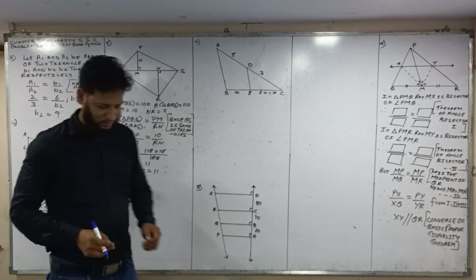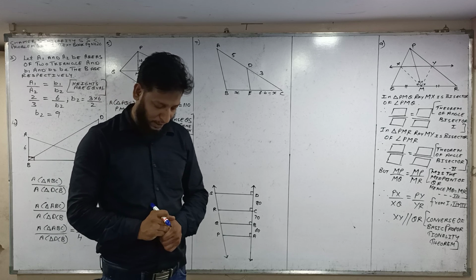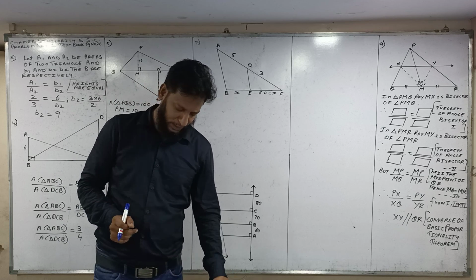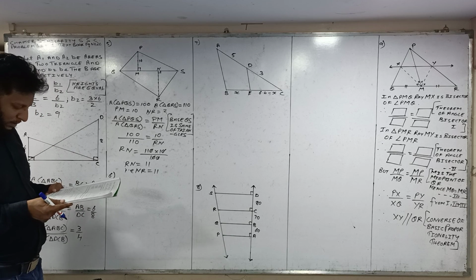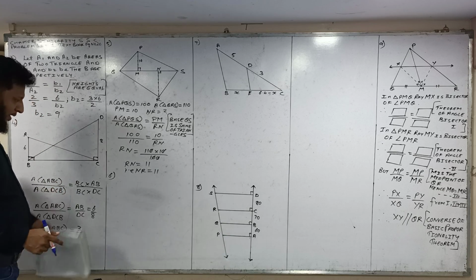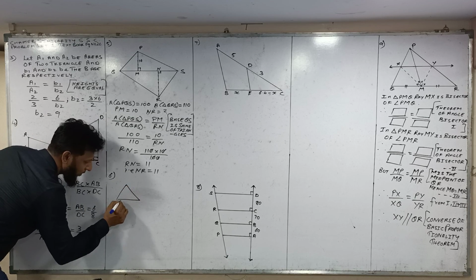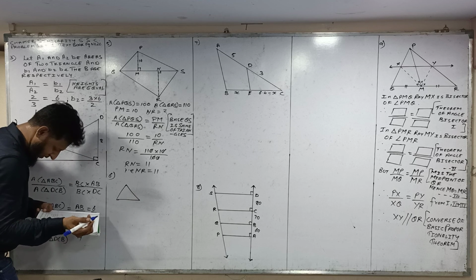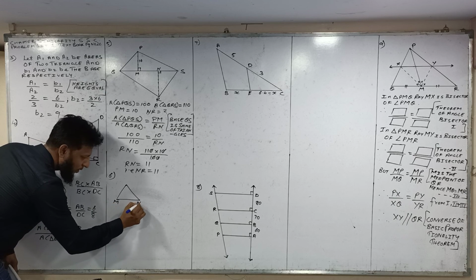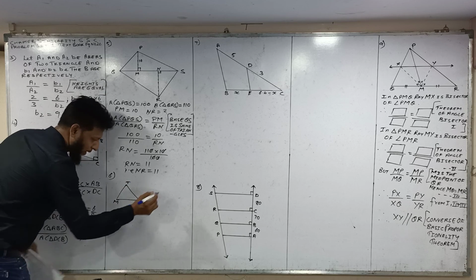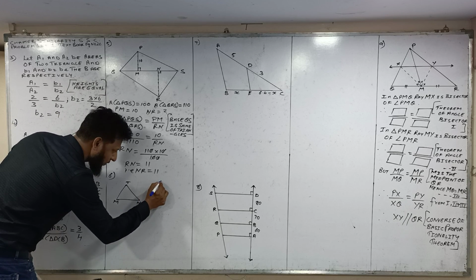Question number 6. Triangle MNT is similar to triangle QRS, and the length of the altitude drawn from the point T is 5, and the length of the altitude drawn from point S is 9. Okay, find the area. So we will draw the diagram. So this is our triangle MNT, and then the other triangle QRS.